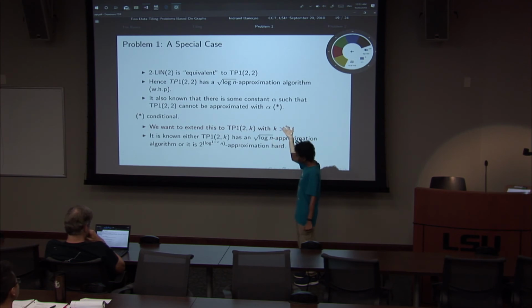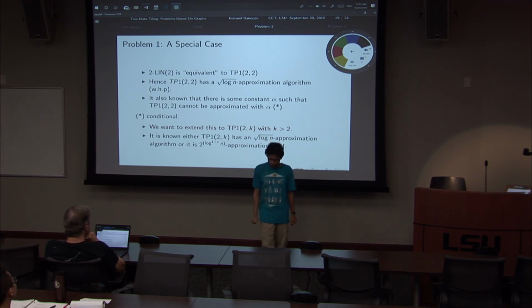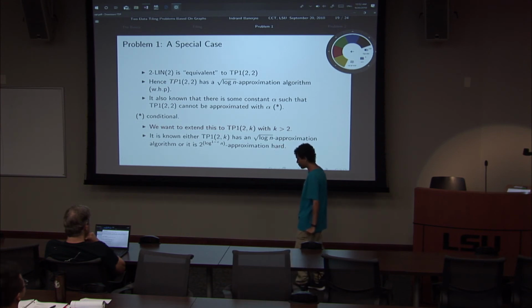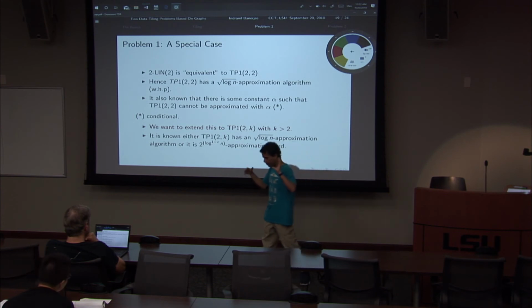Even for this very simple case, we know that it is approximation hard for some constant alpha, so it doesn't have an FPTAS, you can't get an arbitrarily close result. But it does have a square root of log n approximation algorithm, where n is the number of variables.